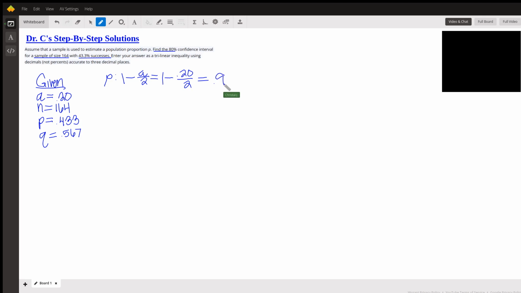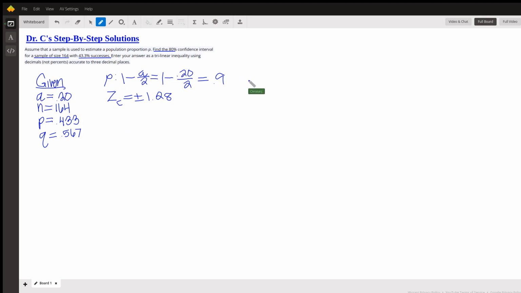You can plug that in, that is your probability value. Once we do that, our Z critical equals plus or minus 1.28.